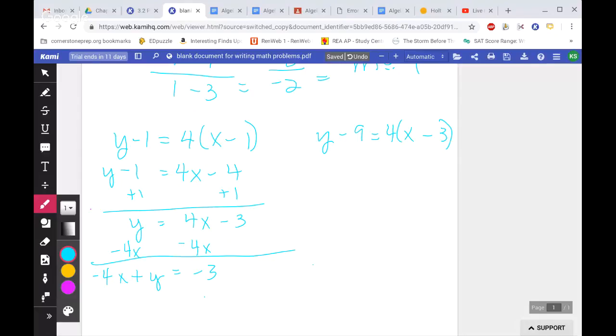Mrs. Sparks would be perfectly happy with that answer, but if you wanted to multiply it all the way through by a negative so that your leading term was a non-negative integer, it would look like that. But I am happy if you got to here.